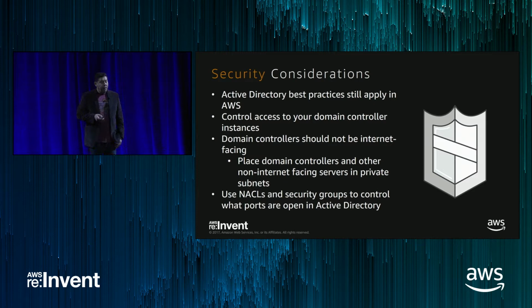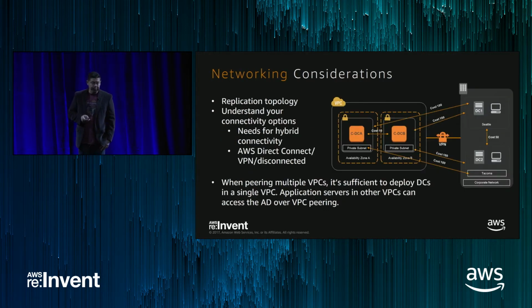And leverage NACLs and security groups to control what ports are open within Active Directory, providing the communication required for the domain controllers and the member servers to be able to access the services and the ports that they need, but restricting that based on your security policies that you may have.